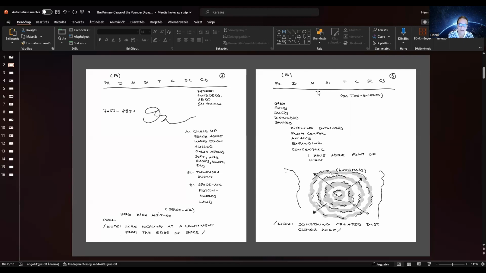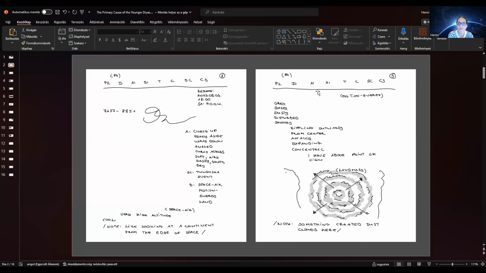At the time I enter the target, I am perceiving first space air from a very high altitude, and I'm feeling very cold. I am taking a mental note and writing it down that I feel as though I am looking at a continent from the edge of space.